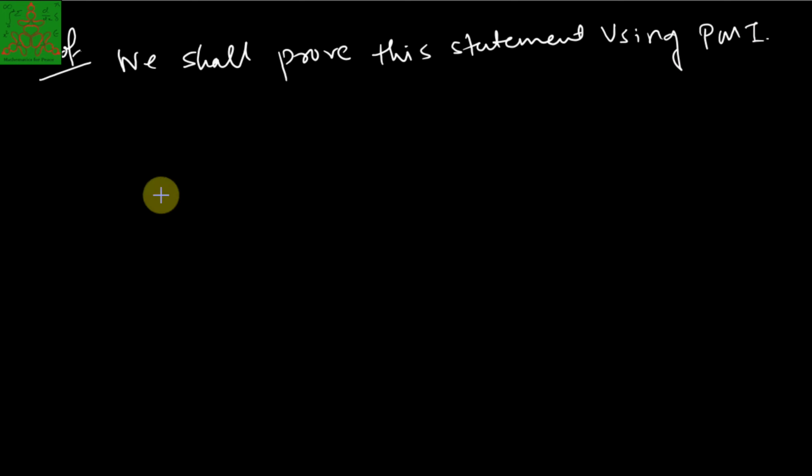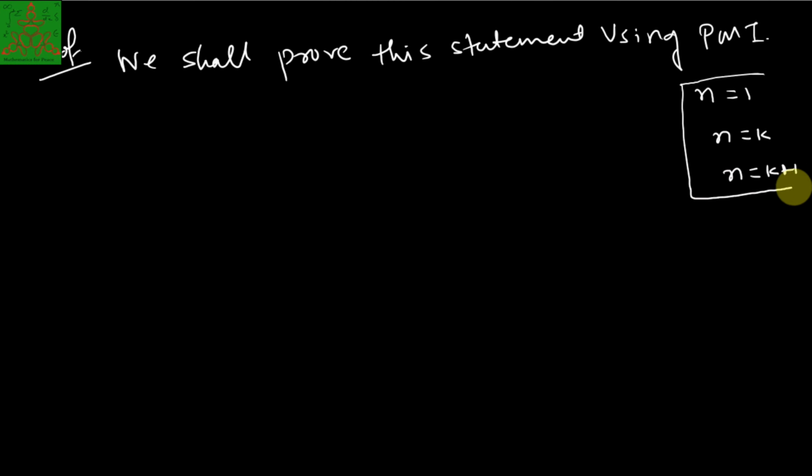As you know, for PMI, first you have to prove the result is true for n equal to 1, then assume the result is true for n equal to k, and then prove the result is true for n equal to k plus 1. These are the 3 steps you have to follow for using PMI.